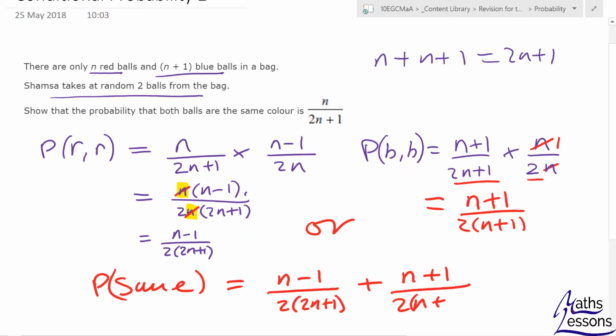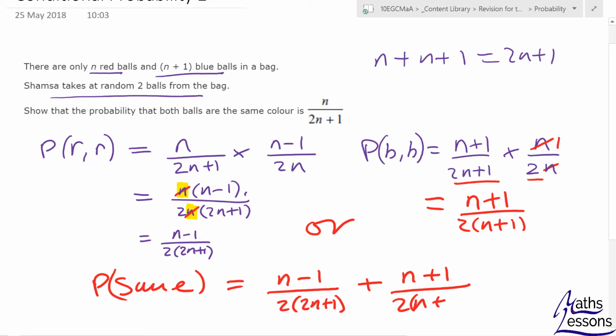There's a 2 and there's a 2n plus 1 there. So I need another 2n plus 1 here, because I've got 2 times 2n plus 1. I could see that mistake was coming because I wanted my fractions to have the same denominator, because you need the same denominator to be able to add fractions. Otherwise you can't add them.